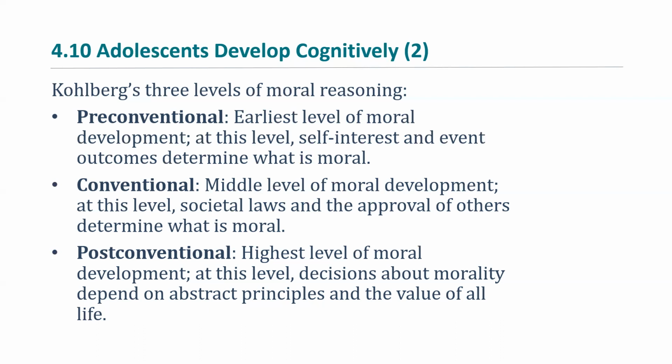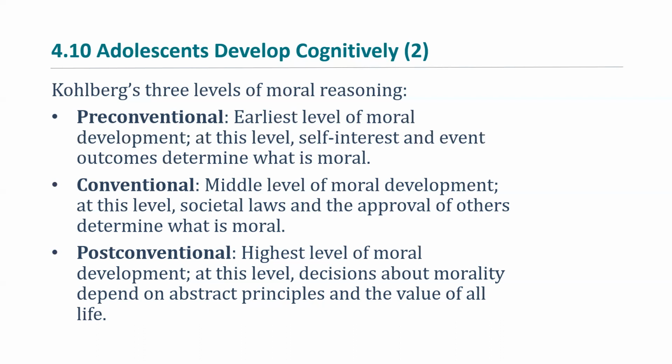As we get into adolescence, early adolescence, you start moving into the conventional level. At this level, societal laws and the approval of others determine what is moral. So the focus in the conventional level is on societal values. Right is whatever society approves of, and wrong is what society disapproves of.